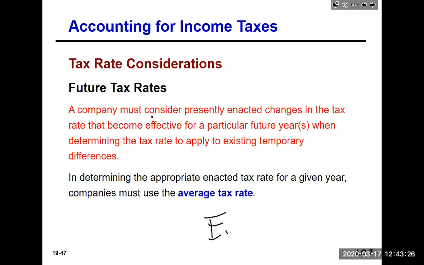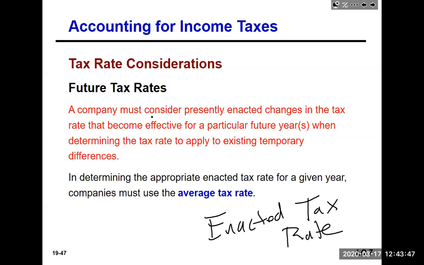Enacted. You won't see that in these PowerPoints, unfortunately. Enacted tax rate, that's what's important. You always want to take the enacted tax rate for the year in which that deferred tax asset or deferred tax liability is going to be utilized.